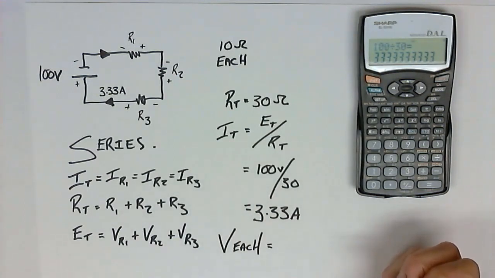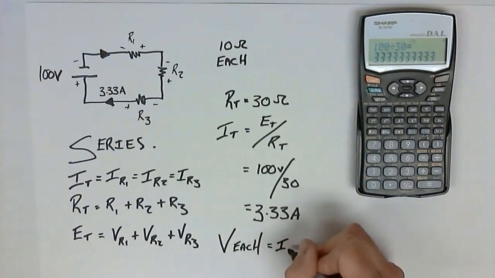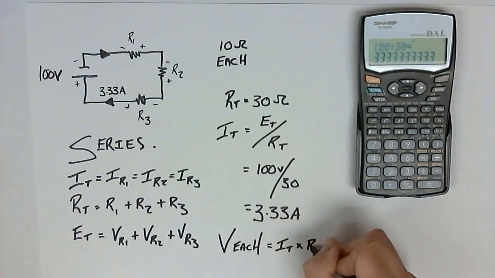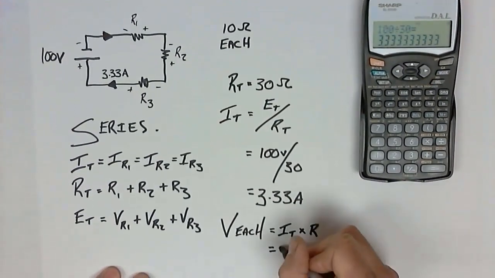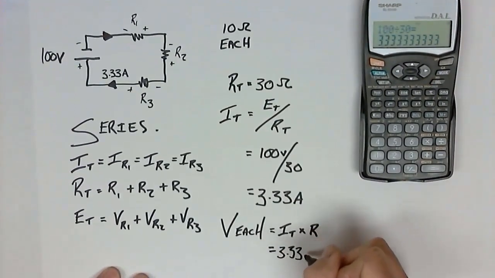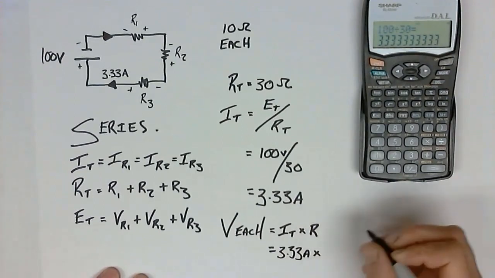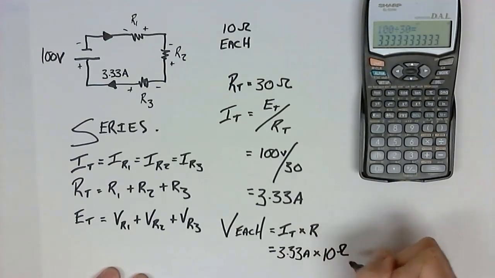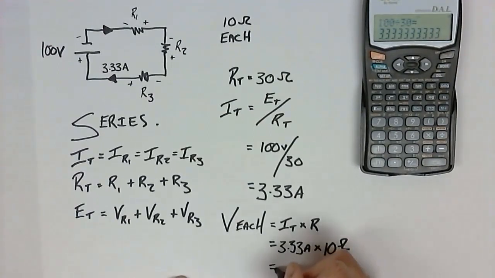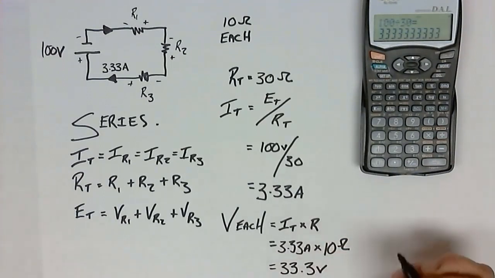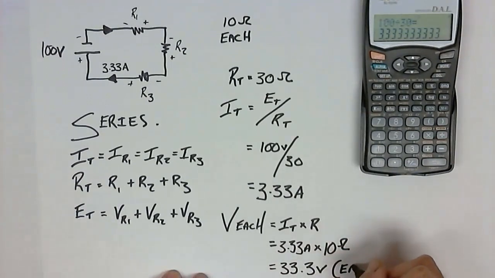E is equal to I times R. I total times R. That means that we've got 3.33 times a resistance of 10 ohms, which means 3.33 times 10 gives me 33.3 volts. And that would be for each one of our resistors.